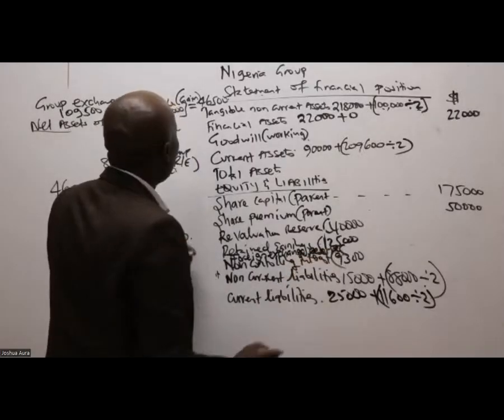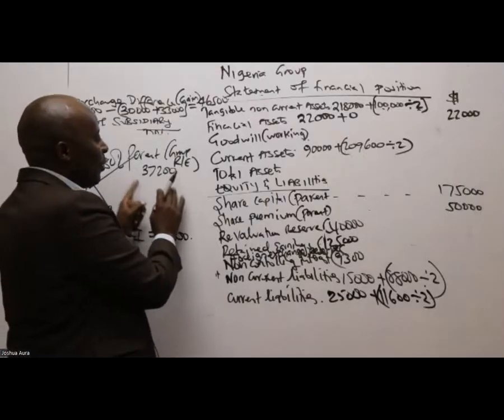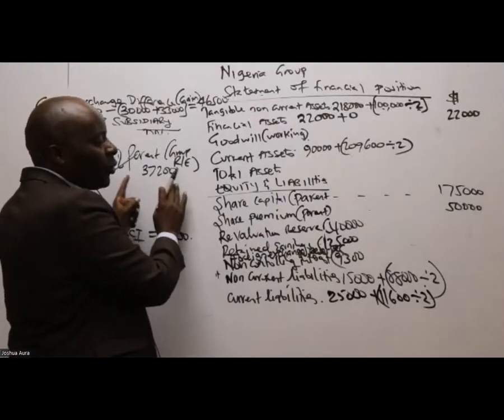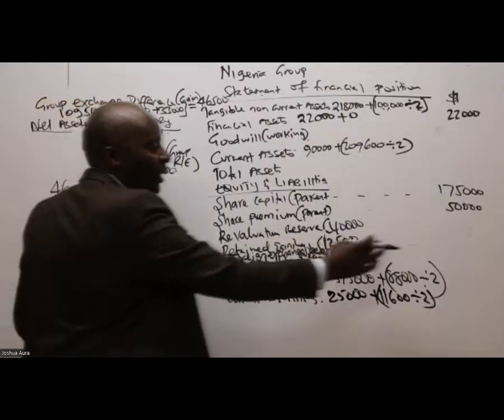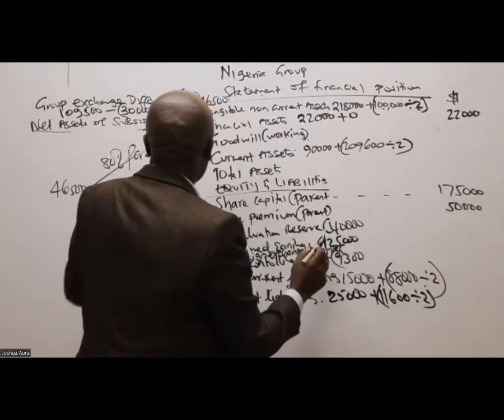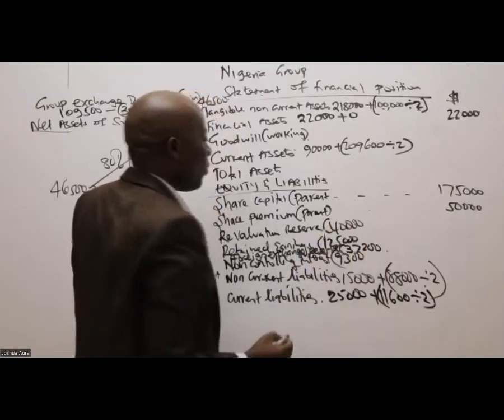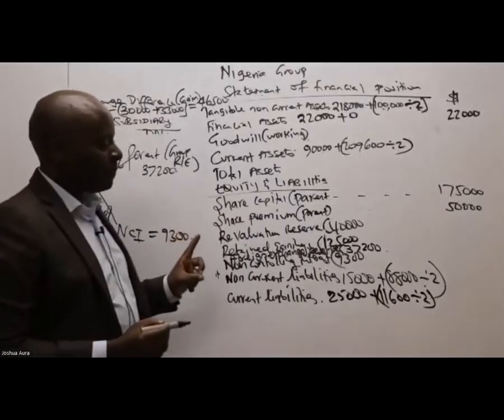This one, the one of the parent, will go to the equity of the parent, but don't take it as the last figure here. We'll still have something. So for the foreign exchange reserve, you're just writing as a working 37,200 there.